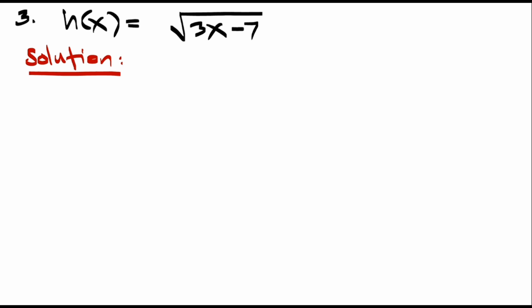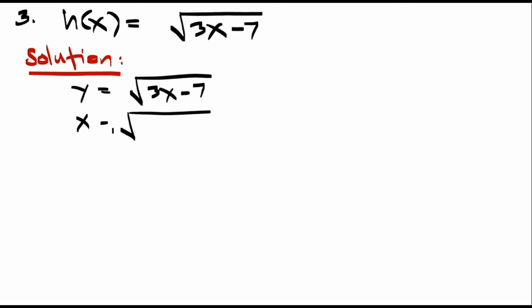Let us perform the steps. Step 1, replace this functional notation by y. So we have y equals square root of 3x minus 7. Step 2, interchange x and y. Y will become x, and x will become y.